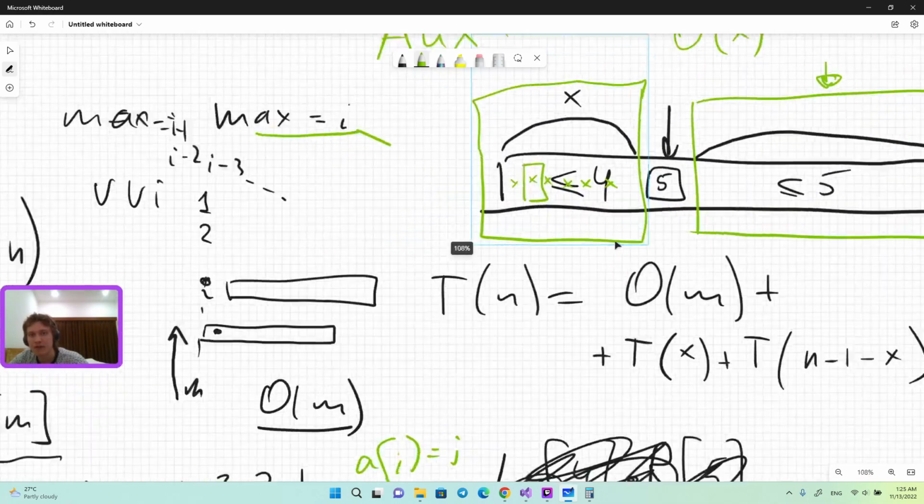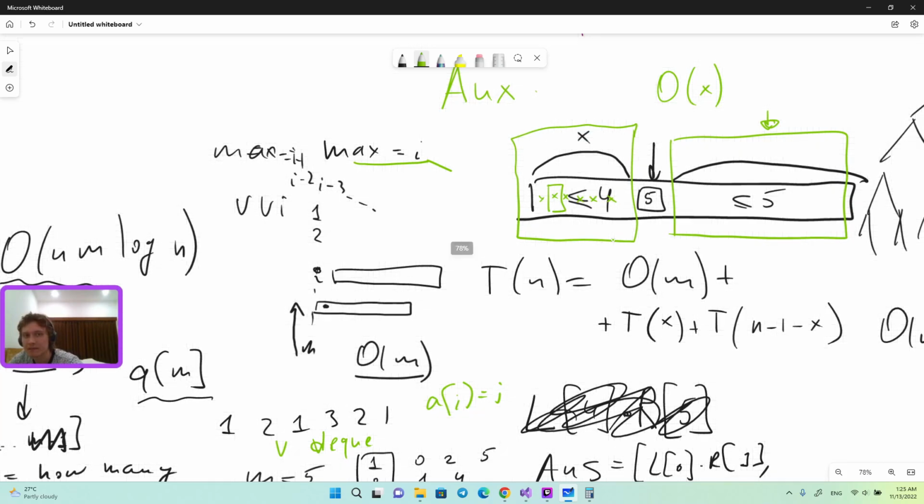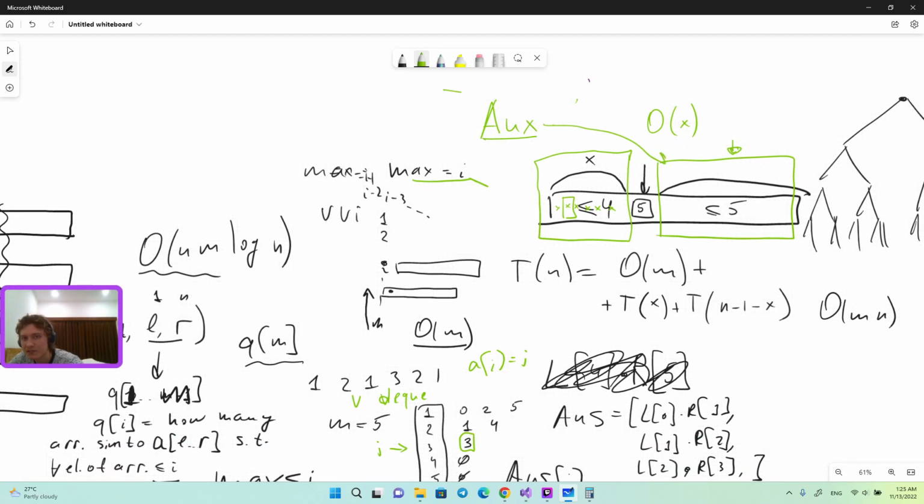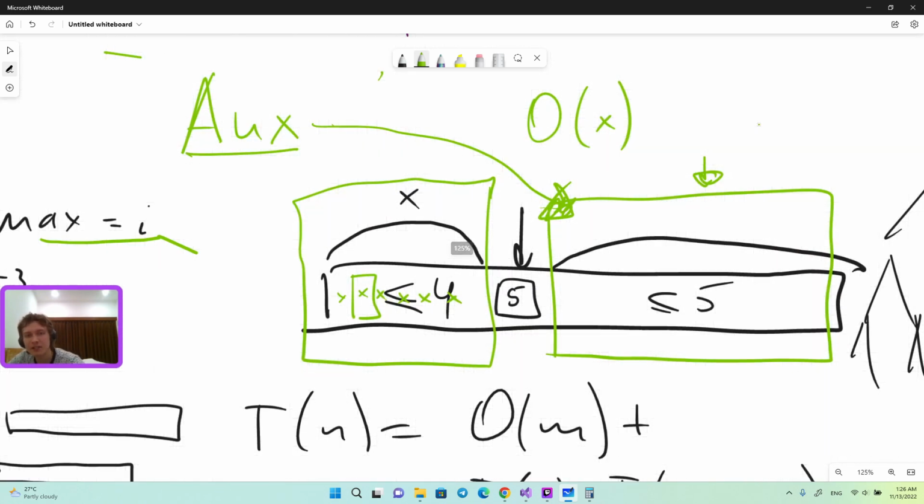So in time O(x), we can make the auxiliary array for the whole array into the auxiliary array for this array. I understand this is some sort of heavy-light optimization. After that, we can simply construct an auxiliary array for the left part, also in O(x) time, or maybe O(x plus n) time.